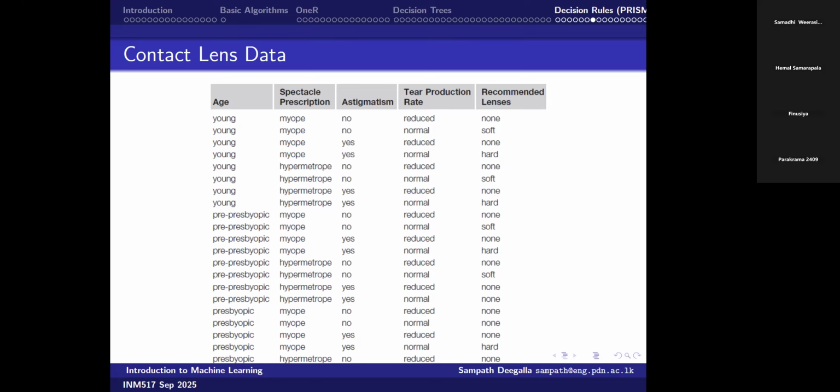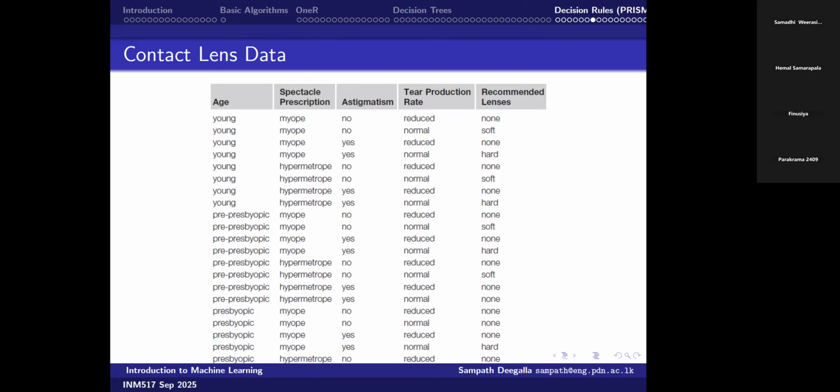This particular data set is about recommending contact lenses. There are 3 classes: none, soft, and hard. Based on the 4 attributes, age, spectacle prescription, astigmatism, and tear production rate, we are trying to predict whether the contact lens is none, soft, or hard. So that was the problem given to us.